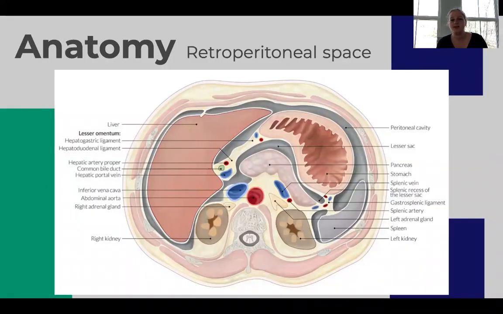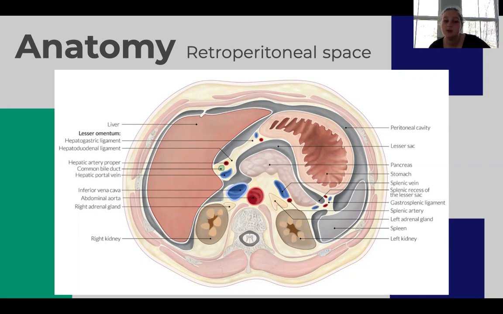Next, we have the anatomy of the retroperitoneal space. The retroperitoneal space is the space posterior to the peritoneum. It's deep to the diaphragm and it contains the kidneys. The kidneys are on either side of the spinal cord here, and anterior to the spine here are the abdominal aorta and the inferior vena cava.